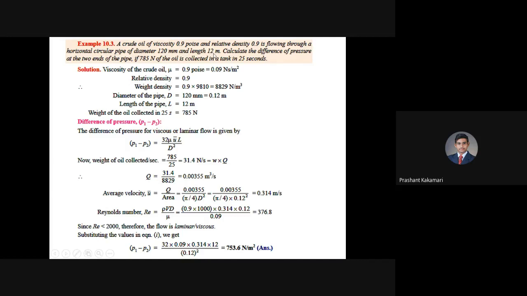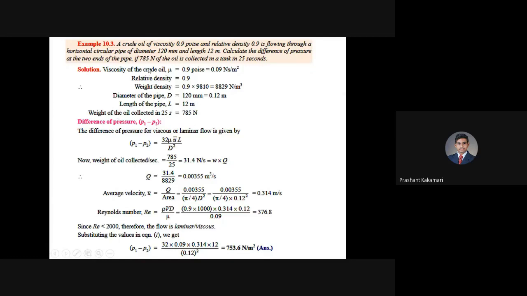Length of the pipe between the 2 points to find out the pressure difference is 12 meters. So for a given length of pipe, 12 meters only, we are finding the results. Calculate the difference of pressure P1 minus P2 at the two ends of the pipe if 785 Newtons of oil is collected.